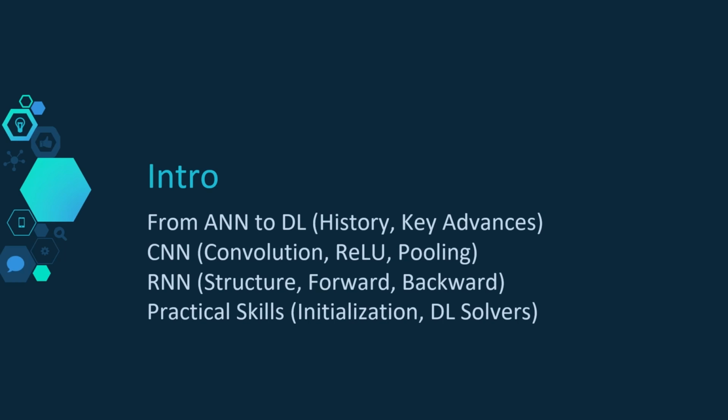First is initialization. This is one key thing that enabled deep learning. The other one is the solvers. We said that when we're dealing with very simple machine learning problems, sometimes we can get analytical solutions. Sometimes we can use, for example, a commercial optimization package to solve the problem.